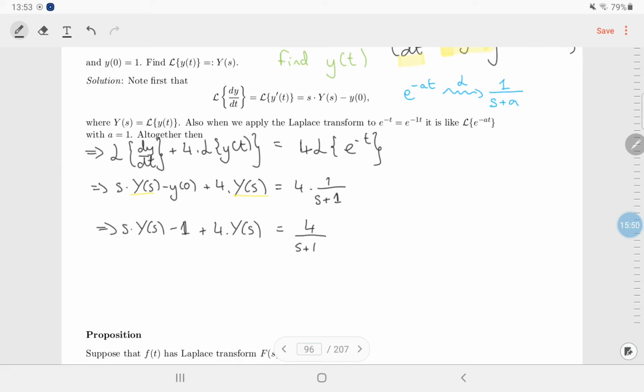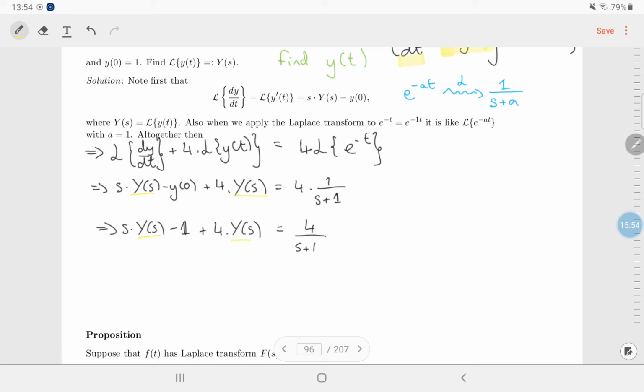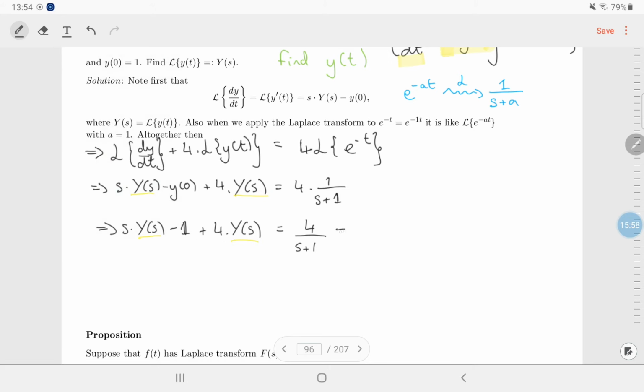You're trying to solve for big Y of S, so you want to get all the Y of S's on one side. You want to get that minus 1 out of there, so we're going to add 1 to both sides. And so you'll have S times big Y of S plus 4 times big Y of S equal to 4 over S plus 1, plus 1.